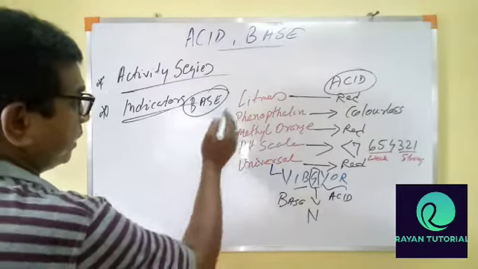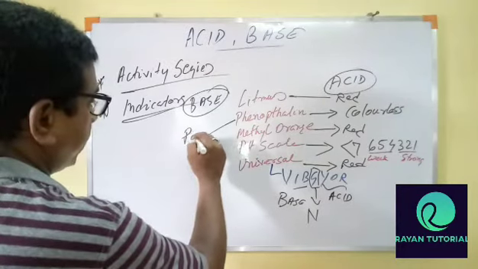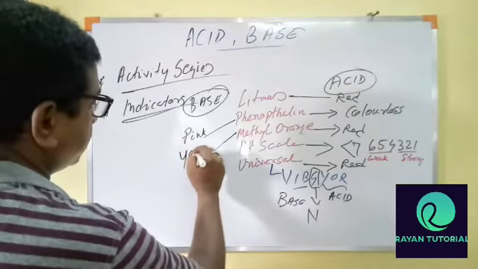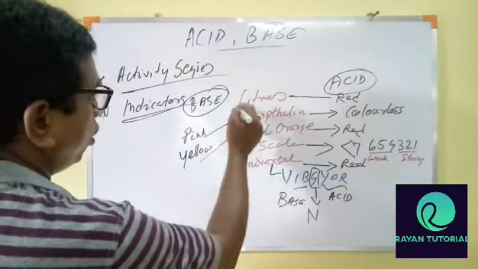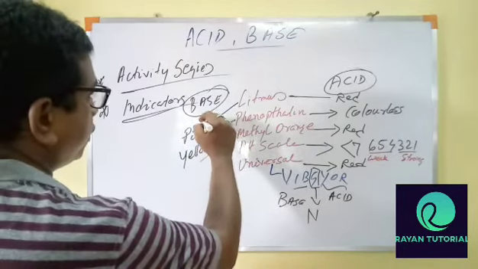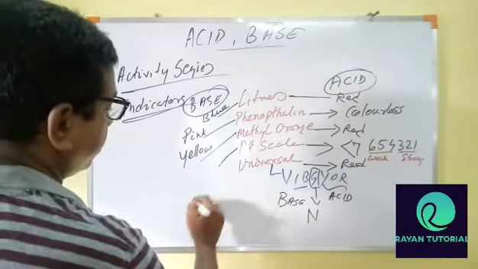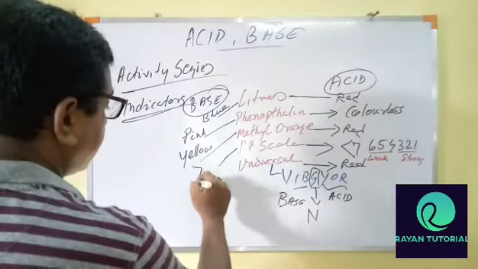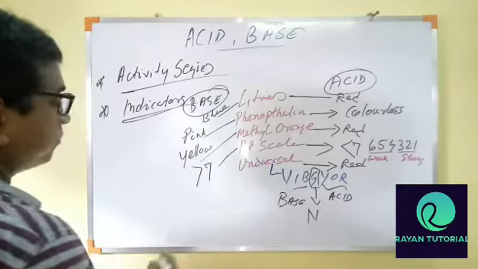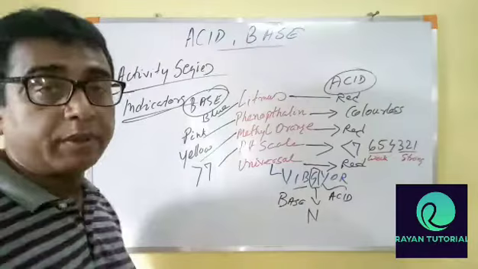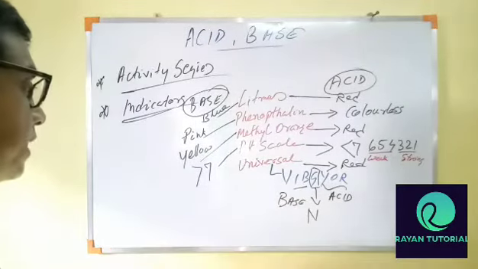For base, phenolphthalein becomes pink. Methyl orange becomes yellow. Litmus becomes blue. The pH scale is always greater than 7, and similarly, the higher the value, the stronger the base.